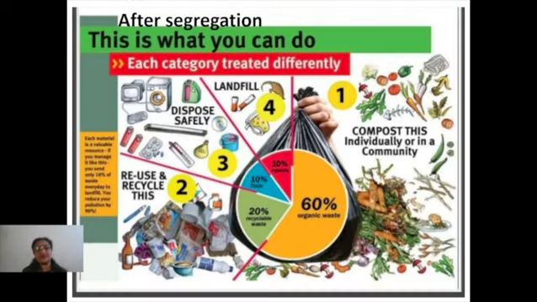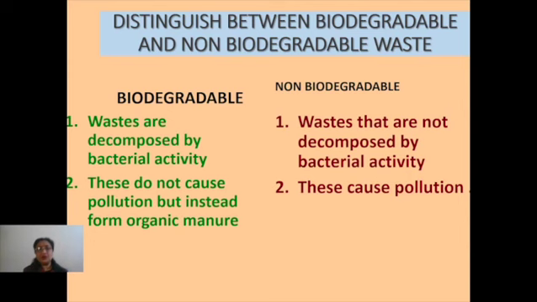Then after segregation, all these are treated in different manners. Now, what is the basic difference between biodegradable and non-biodegradable waste? This is again an important topic for you to know. Biodegradable waste is waste which is decomposed by bacterial activity. But on the other side, non-biodegradable wastes are not decomposed by bacterial activity.